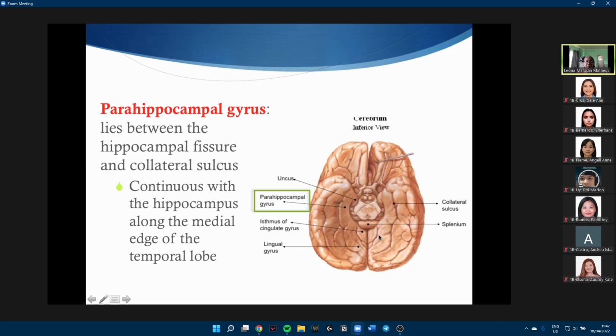Further, it is said that it is actually continuous with the hippocampus here at the medial edge of the temporal lobe. So if we make a slice here, you'll be able to see your hippocampus over your parahippocampal gyrus. So these are the things regarding your parahippocampal gyrus.